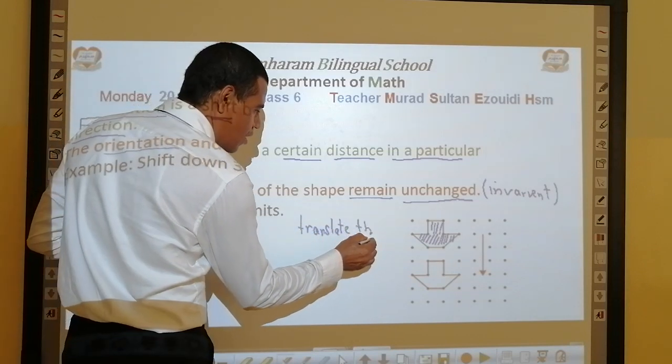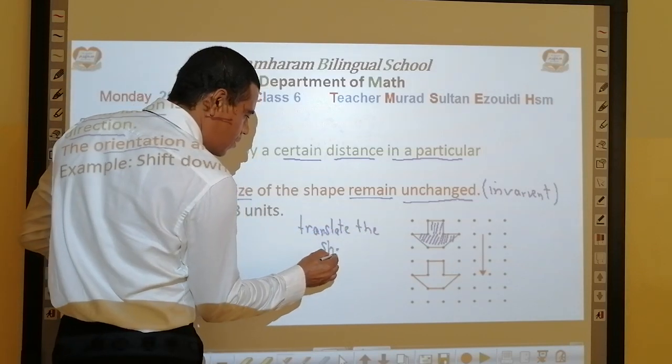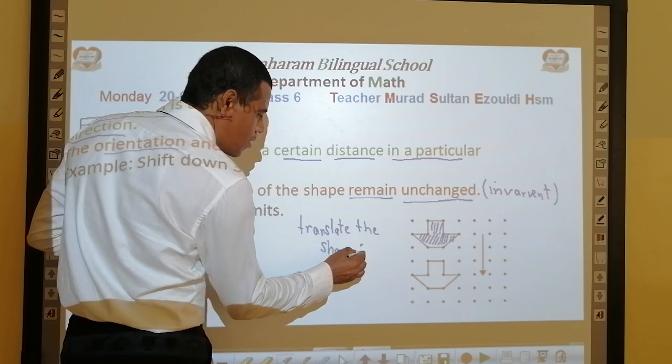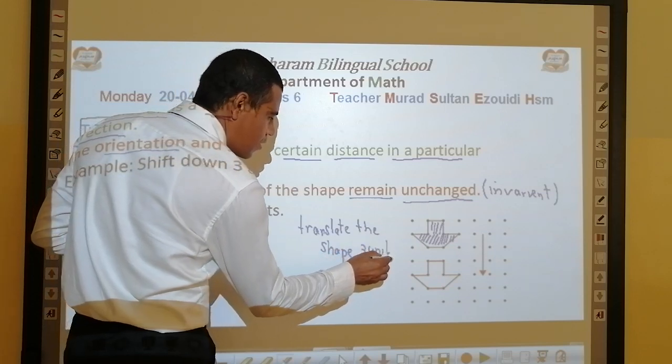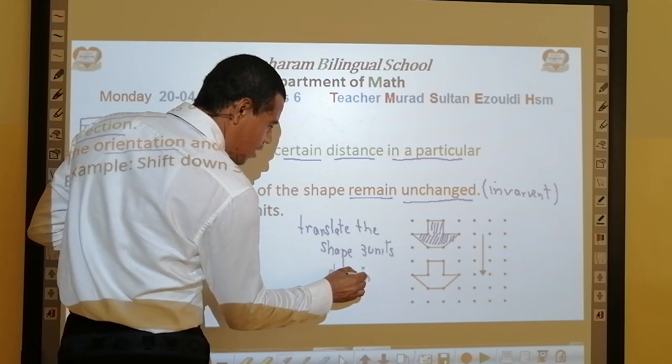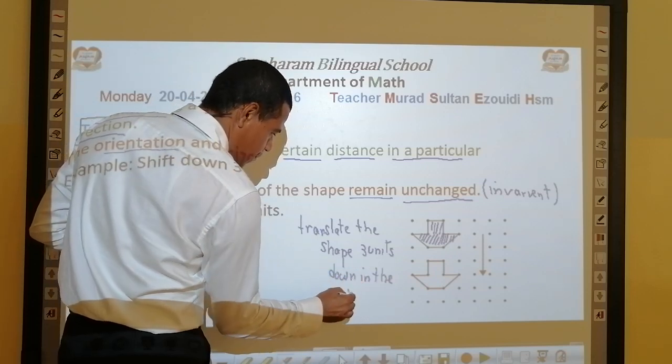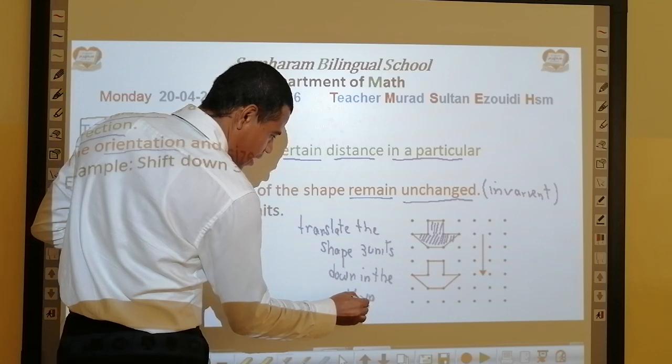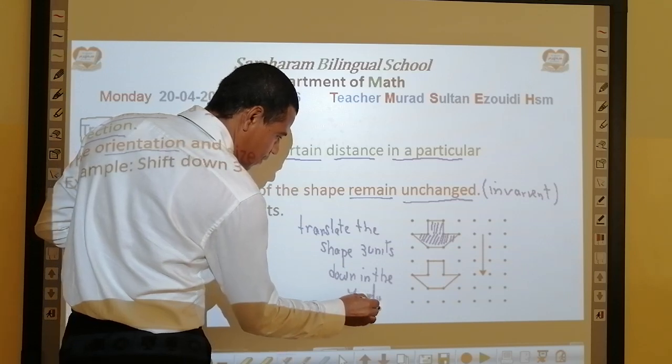Translate the shape 3 units down in the y direction.